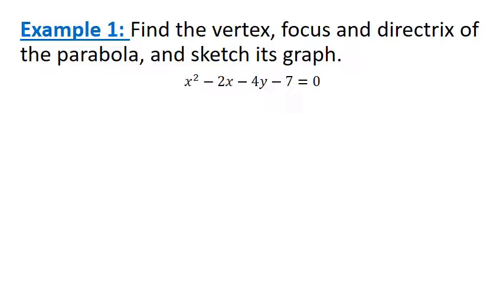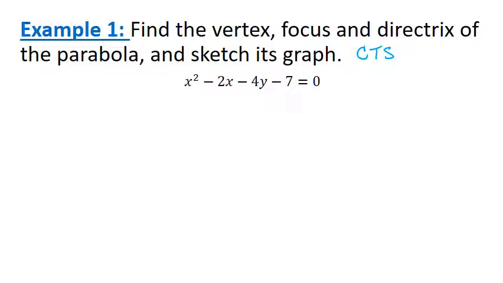So what I want to do is rewrite this so that it's in the standard equation of a parabola. To rewrite this, I'm going to complete the square. Chances are you do not remember how to do this, so let me help you remember.